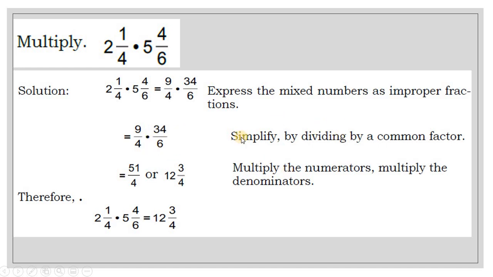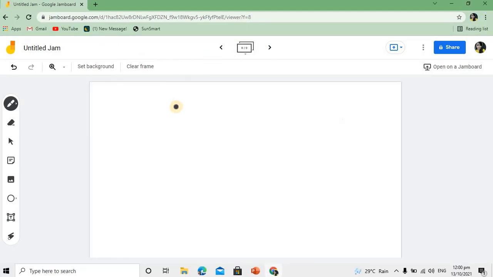So, simplify by dividing by a common factor. So, paano ba ito masisimplify? Itong 9/4 times 34 over 6. Para paliitin natin yung values nung ating fraction.